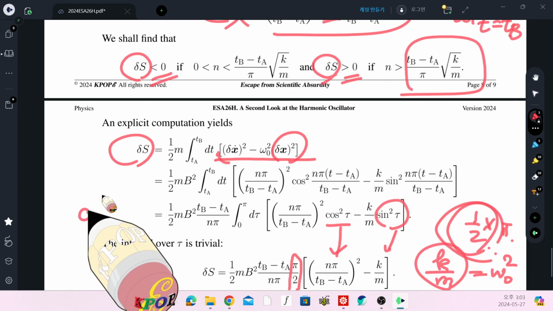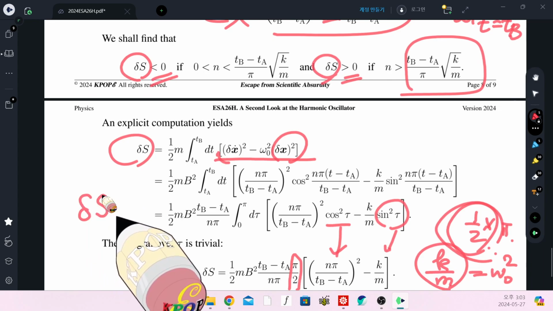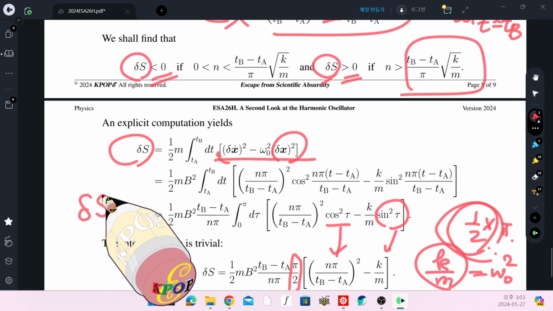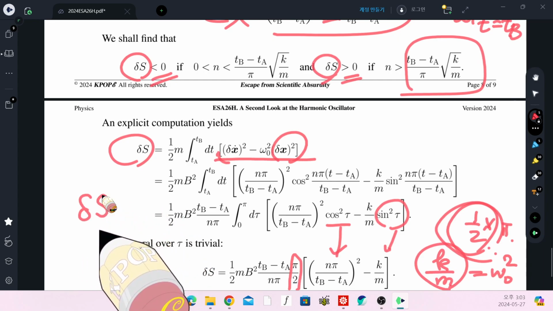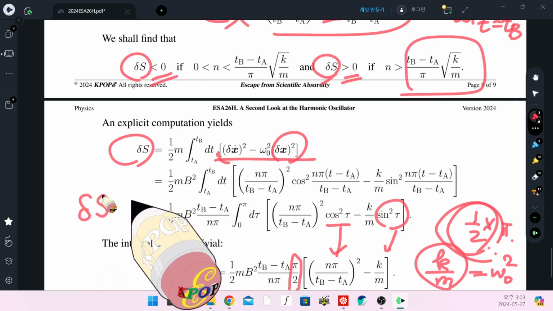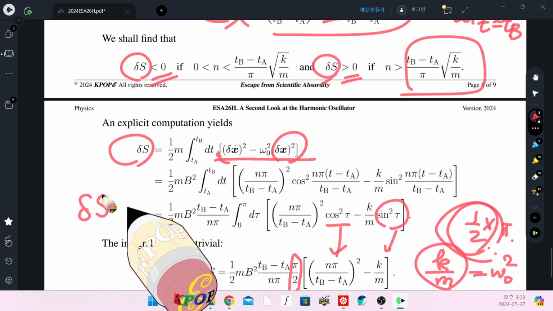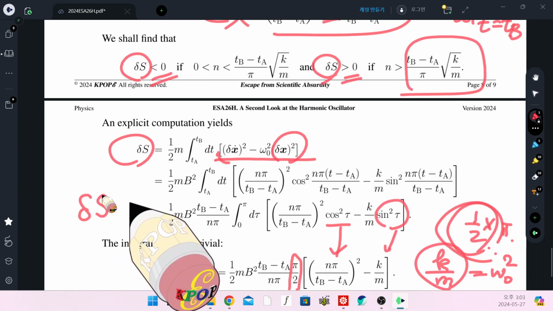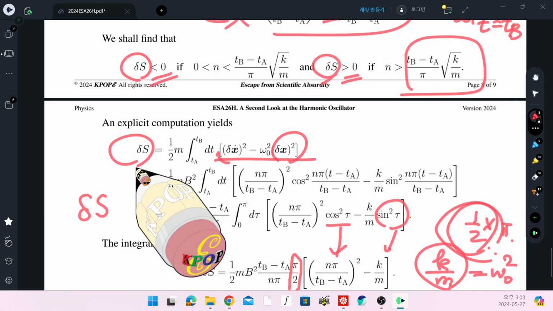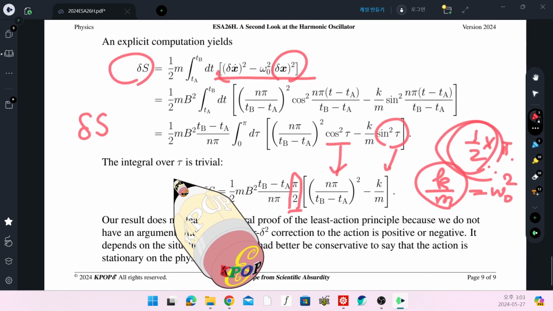So to order delta squared, we do not know whether the action is a minimum or maximum. So the least action principle is true only if the particle is a free particle. That's it for today. Thank you.